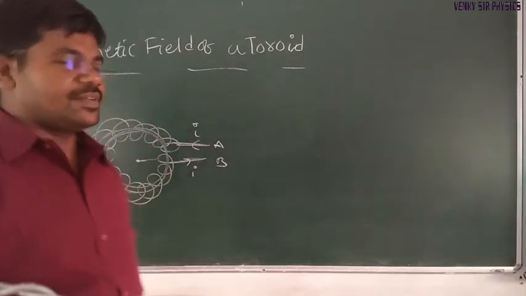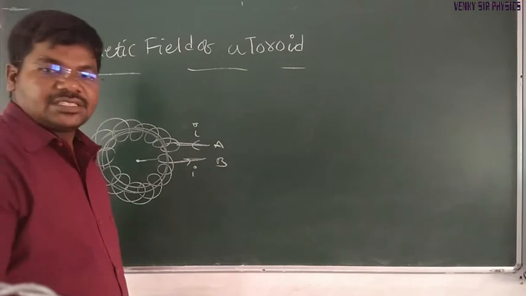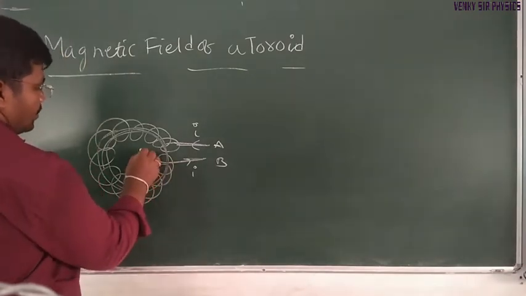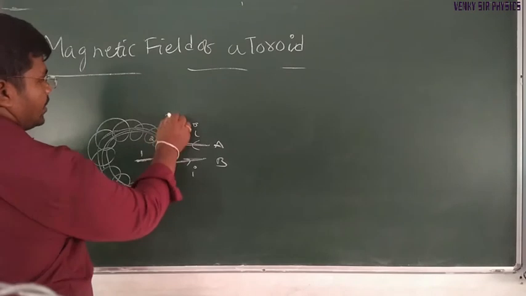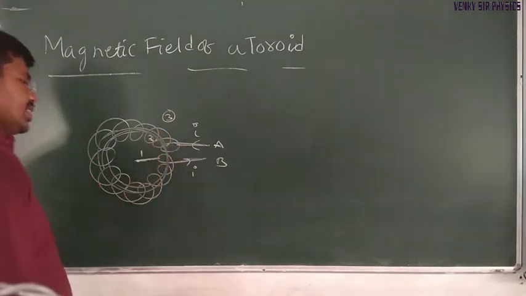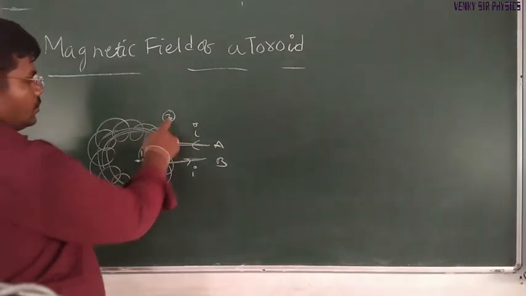We have to find the magnetic field of the toroid at these 3 places, 1, 2, 3.